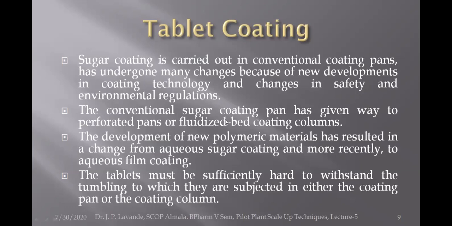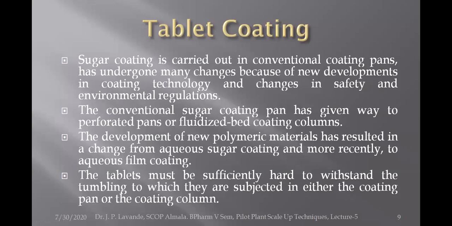The conventional sugar coating pan is just like a pan, just like a drum. But because of certain limitations, we came with the perforated pan, so that the removal of the fumes becomes possible. At the same time, the process of drying can be enhanced. Or fluidized bed coating columns. Yes, the air is injected and the tablets are allowed to flow.